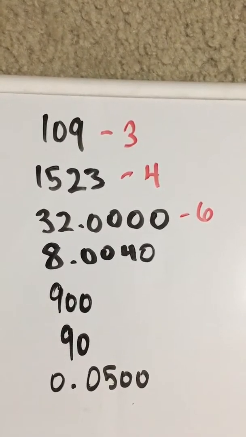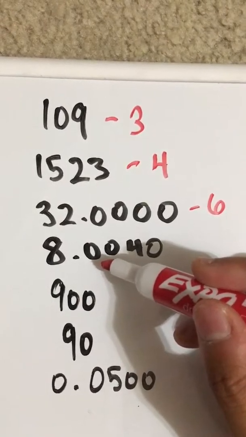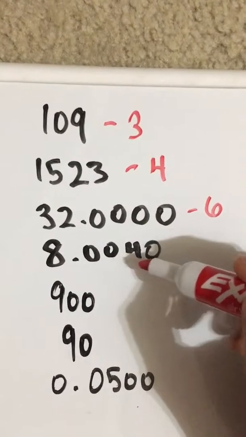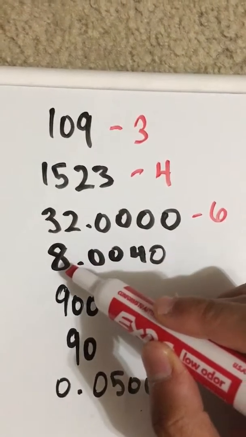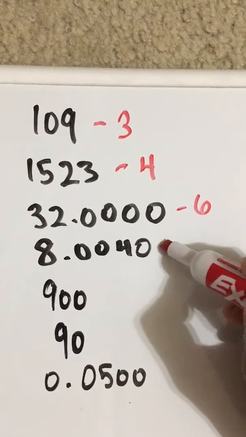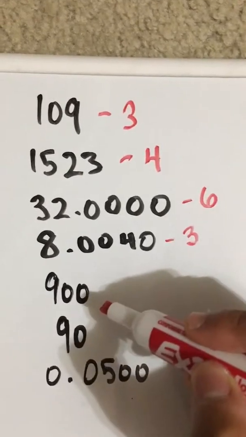Like what I said earlier, don't count the zeros that are squished between a decimal point and a significant figure. Only the ones that are trailing the number at the end. So it's 1, 2, 3. This one only has 3 significant figures.